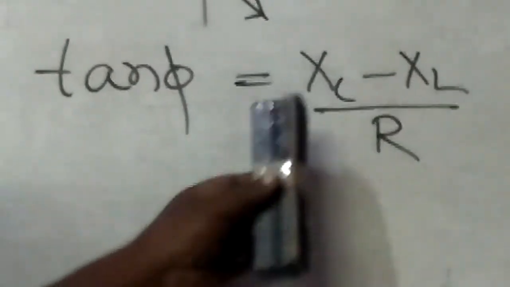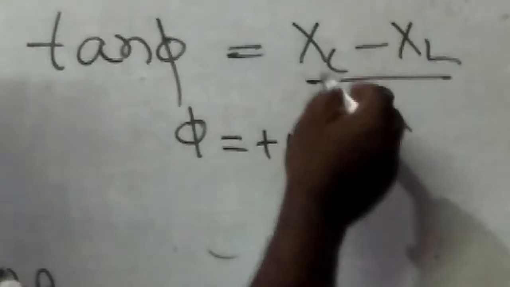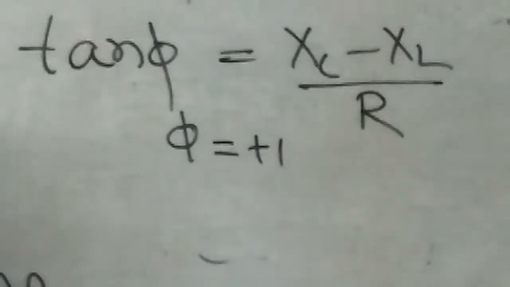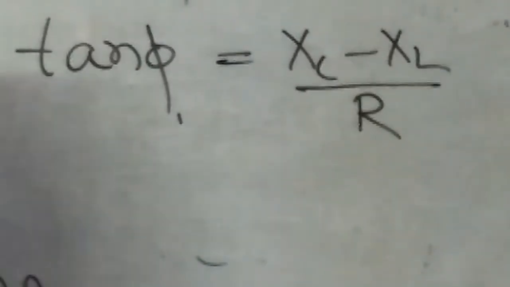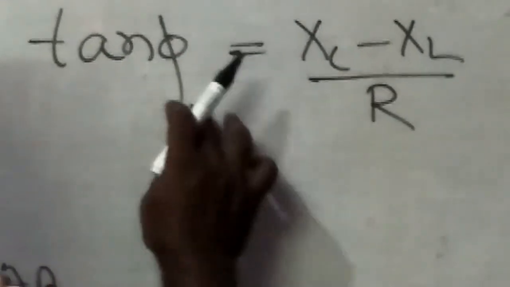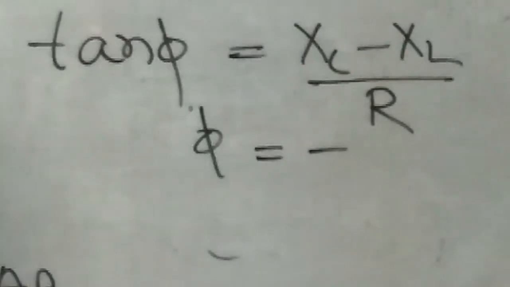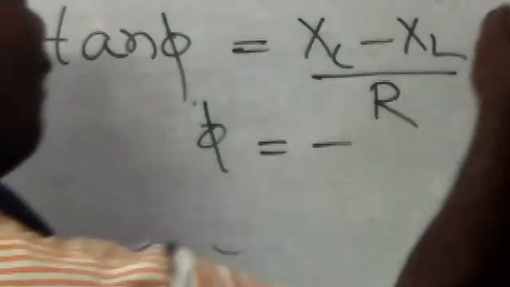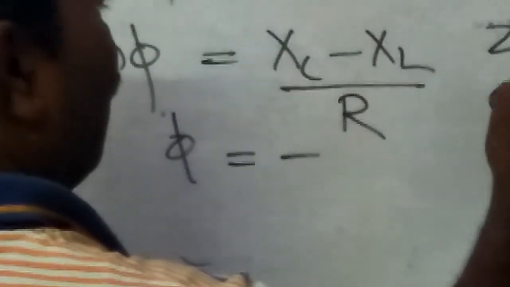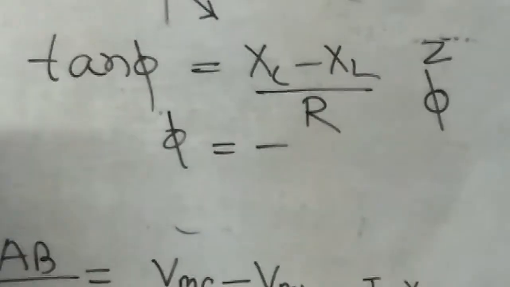If Xc is more and XL is less, the value of phi will be positive, so it behaves as a capacitive circuit. If Xc is less and XL is more, phi is negative, so it represents an inductive circuit. Thus we get the relation of Z and phase angle phi in a series LCR circuit.